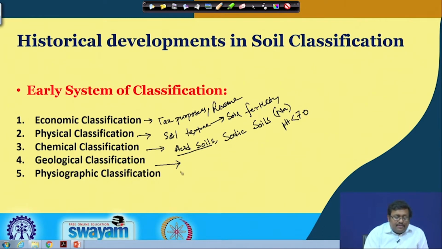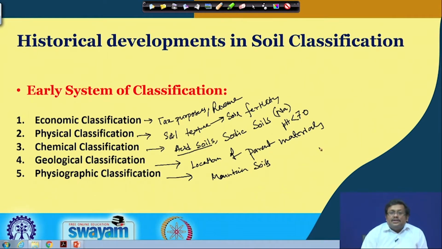So, geological classification was based mainly on the location of parent materials, whereas physiographic classification was based on the different physical landforms where soil occurs. Some examples of physiographic classes were mountain soils, plainland soils, and so on and so forth.